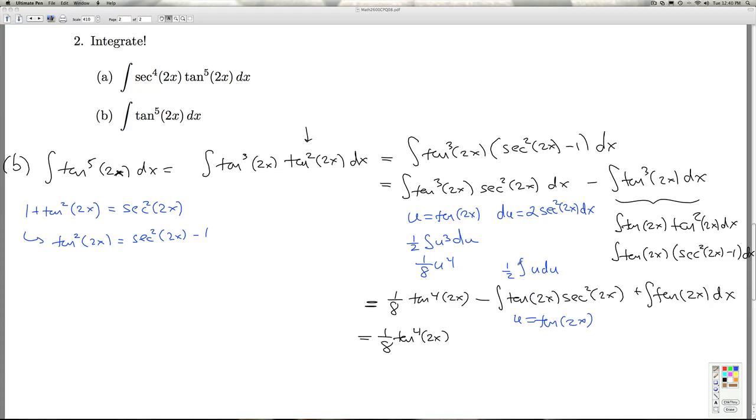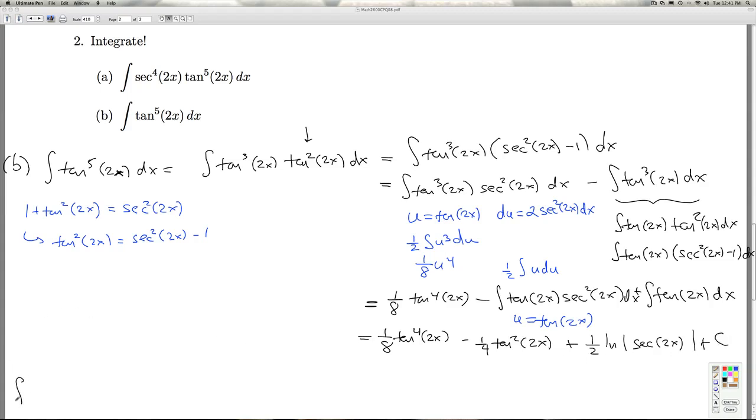I integrate that, I'm going to get 1/4 u squared, so 1/4 tangent squared 2x plus the integral of tangent of 2x, and that's a formula we know from chapter 5. So that's 1/2 natural log absolute value secant 2x plus c.